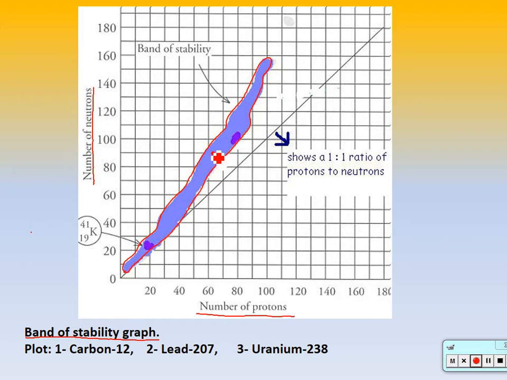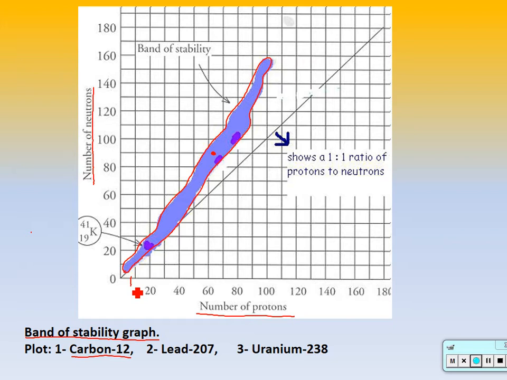It says to plot carbon-12, lead-207, and uranium-238. So let's do that. Let's do it for carbon-12. How many protons? Carbon has 6. So protons down here, this would be 10, so 6 about right here, somewhere. I'll make a mark.